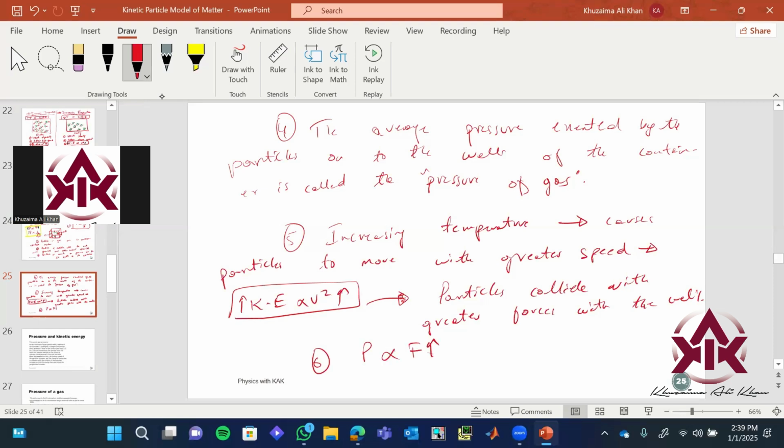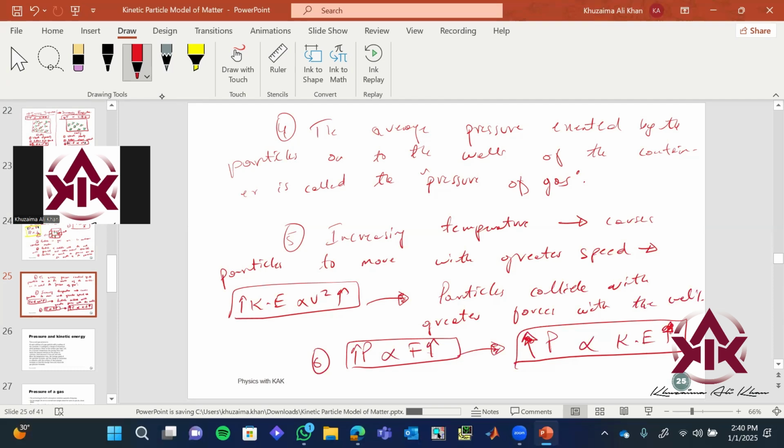So if we have greater forces, we will have a greater pressure. So what is the relation of pressure and kinetic energy? They are directly proportional to each other. If we increase the kinetic energy of the particles, keeping the area constant, we will have higher pressure. I hope it makes sense. It's just a small story, and if it makes sense to you guys, it will be pretty simple to understand for the future.